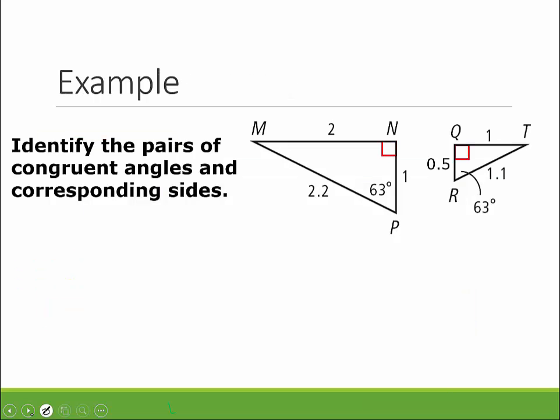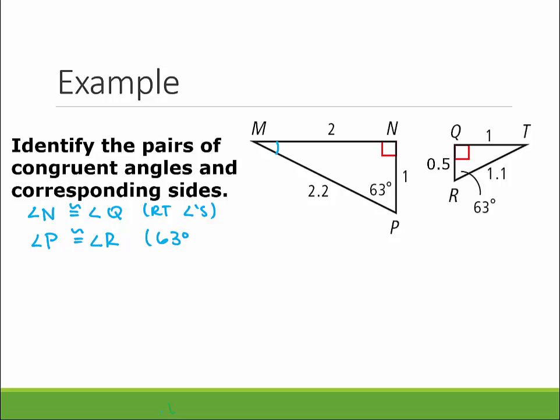So let's prove if some things are similar. So first, identify the pair of corresponding sides and the congruent angles. So our angles, first ones are pretty easy. Angle M is exactly the same as angle Q because they're both right angles. And then it tells us that angle P and angle R are both 63.